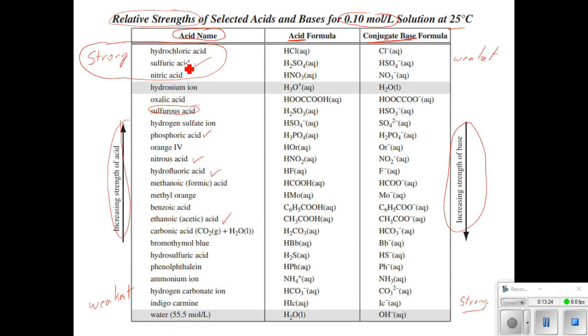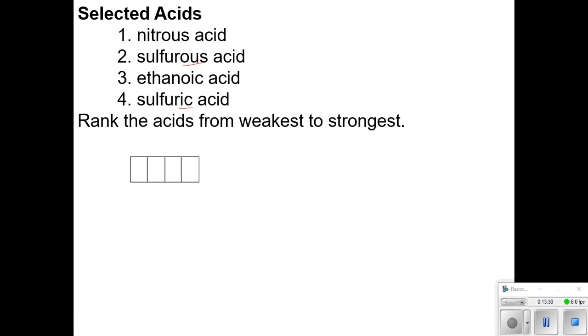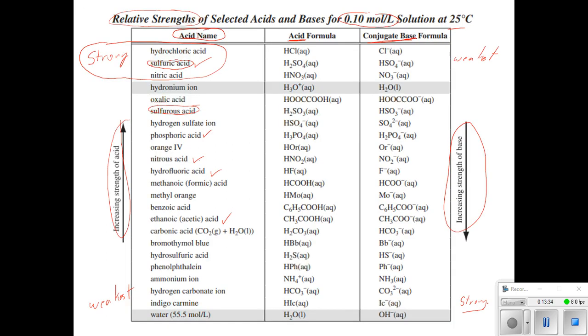Maybe I'll just circle these. We had sulfuric, sulfurous, nitrous, and ethanoic. Again, there's a nitric, but it's not this one here. It's the nitrous. This one here, and the ethanoic, is the acetic acid. So in terms of the ranking: sulfuric, sulfurous, nitrous, acetic.